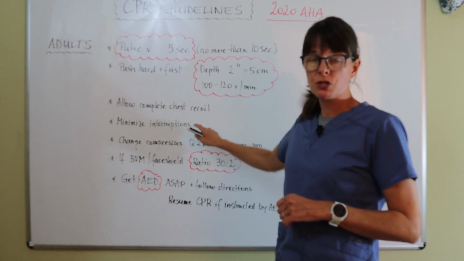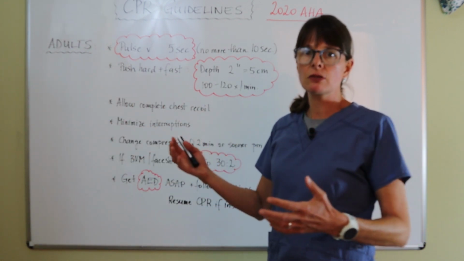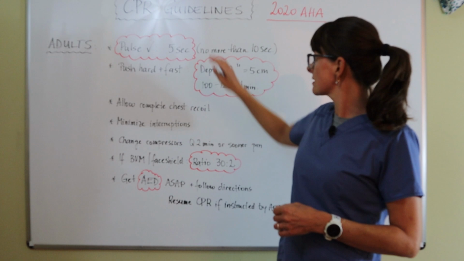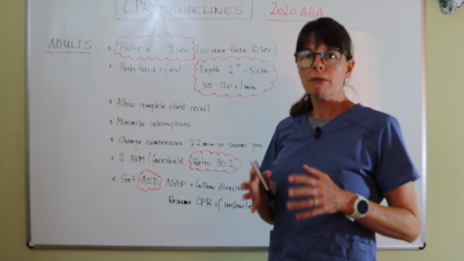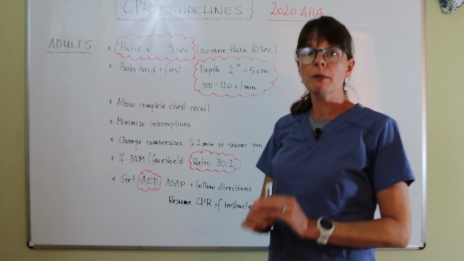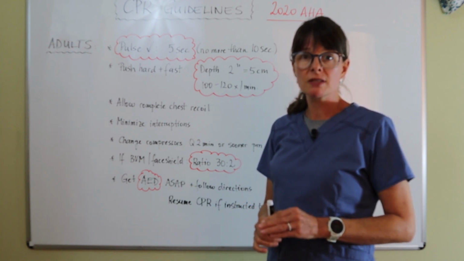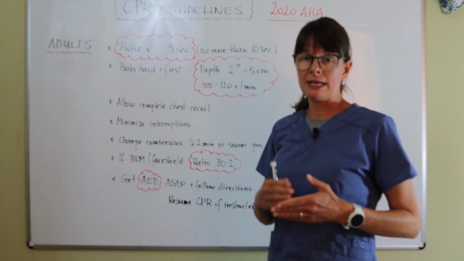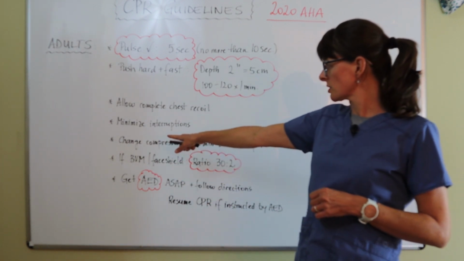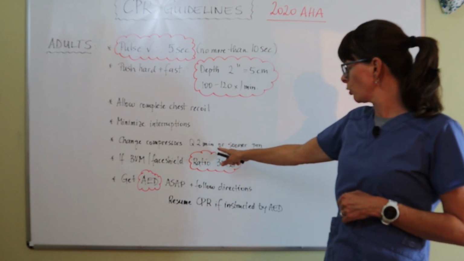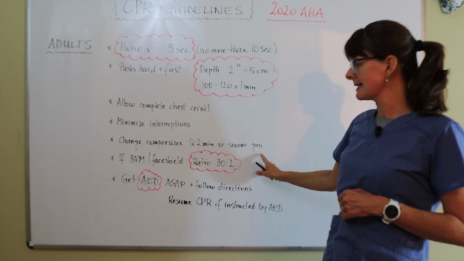Minimizing interruptions. So don't try to fuss around. We also have, again, this 10-second time rule here. So we want to minimize any interruptions in being on the patient's chest performing compressions, because time, again, is muscle. Which brings us to the next point: change compressors every 2 minutes or sooner as needed.